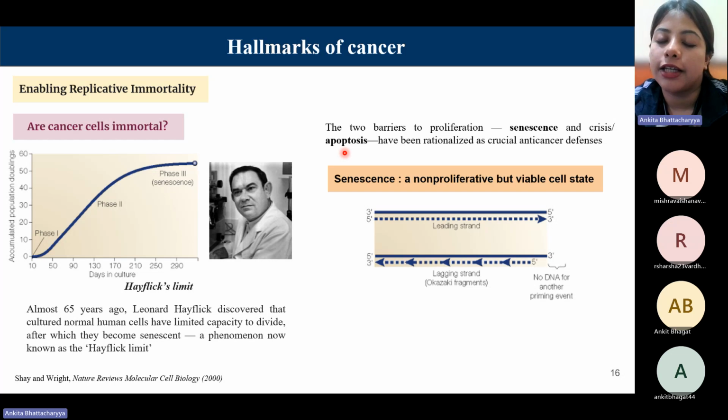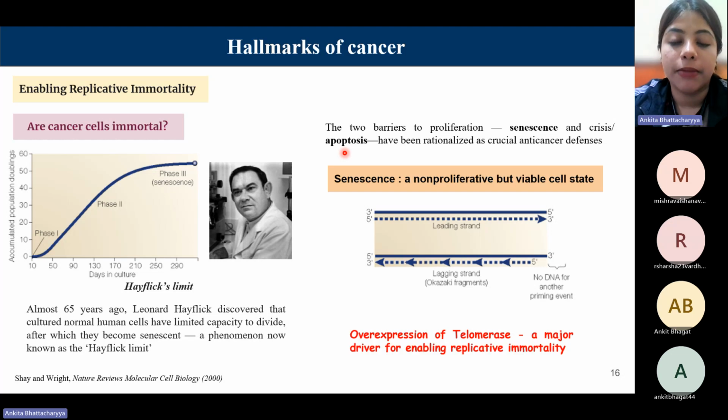It is in an undividing but healthy state. Normal cells attain senescence. However, cancer cells fail to do so. There are multiple hypotheses about why exactly that happens, but a major reason is the overexpression of telomerase, which is a huge driver for enabling replicative immortality.